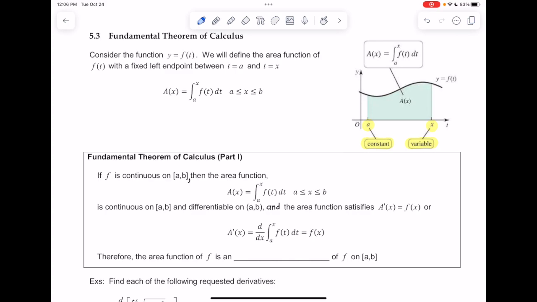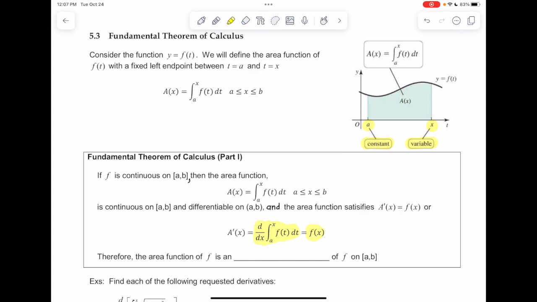In other words, if you take the derivative of the area function, which is the derivative of the definite integral, you end up with the function inside the definite integral evaluated at that upper limit of x.